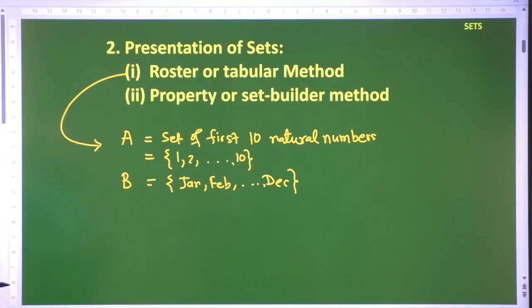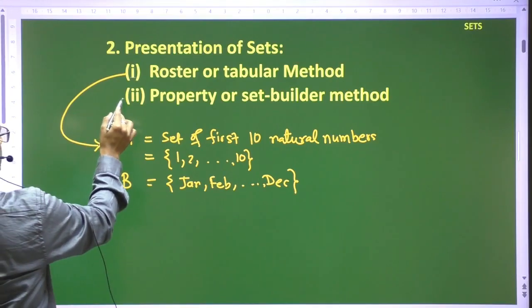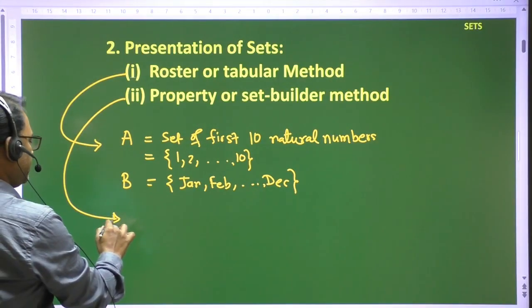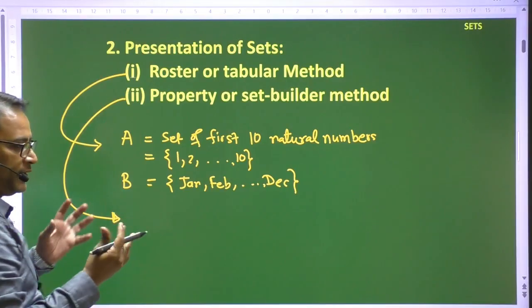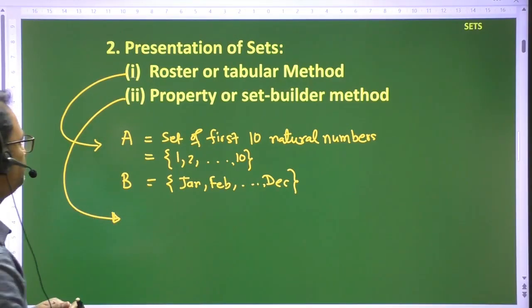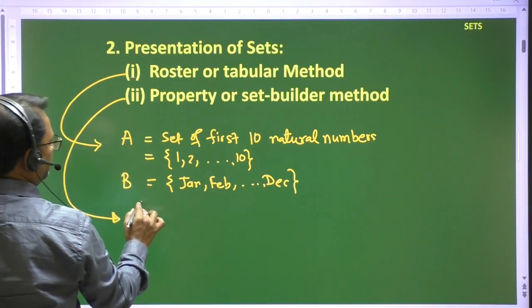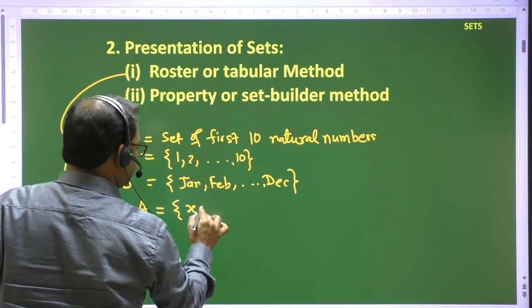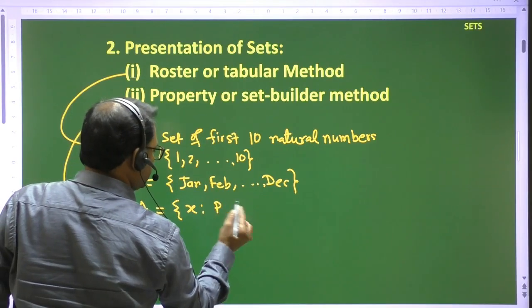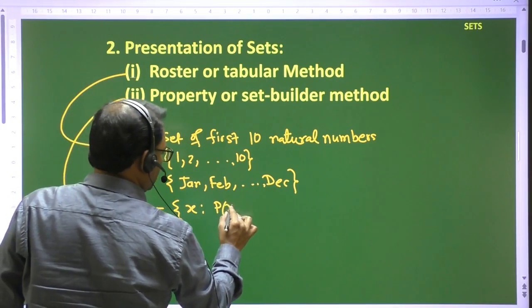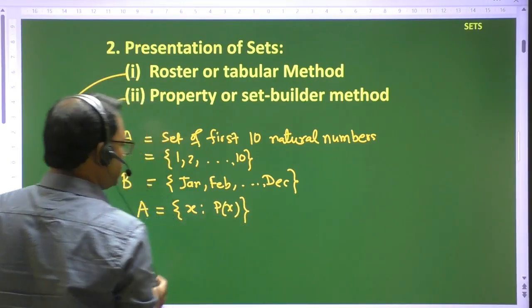The property or set builder method is the next method. In this method, we write a property in such a way that this property gives all the elements of the set. Generally we write set A as the set of all x such that we mention some rule or property of x, so that we get all the elements.